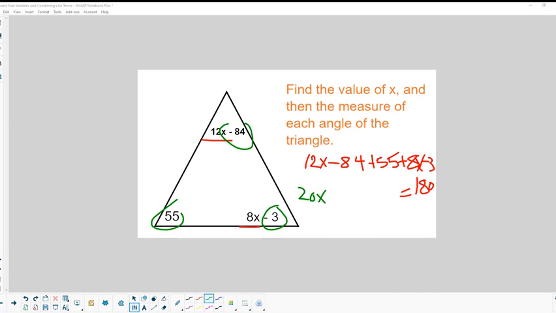So 84, subtract 3 equals minus 87, plus 55 equals negative 32. So we're going to have minus 32 equals 180 degrees. And there you go again. You've got a two-step equation that all you have to do is solve for x and then plug it into the rest of the numbers.